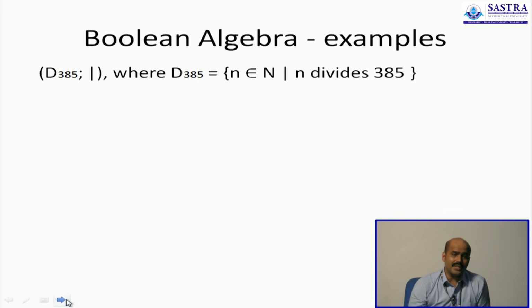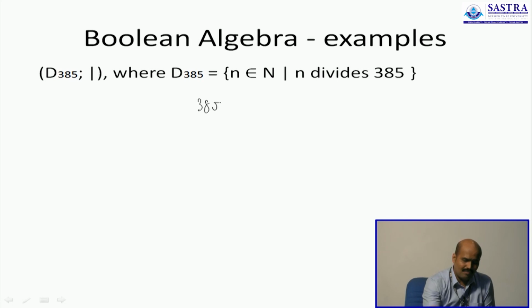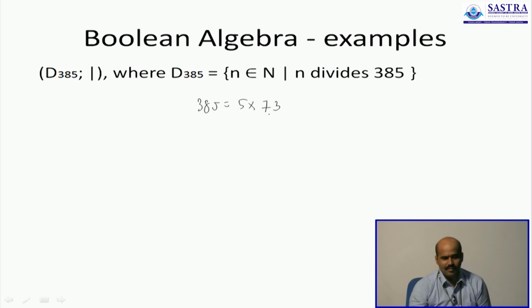What if you consider D385? Now D385 talks about all divisors of 385. How do you factorize 385? 385 is 5 times 73, I guess. 5 70s are 350, and another 15 is 385. No. 5 times 38, is it?